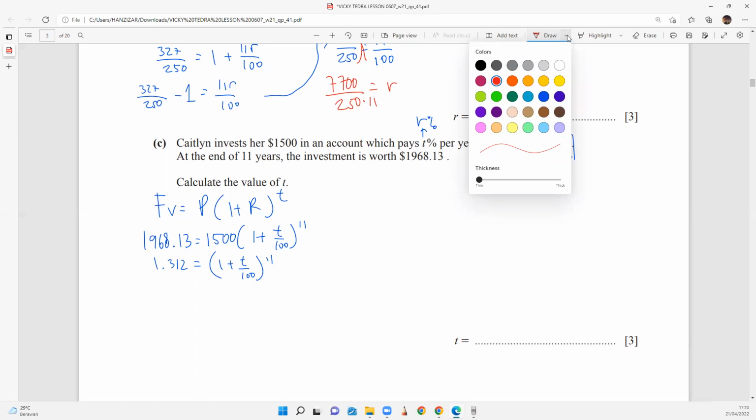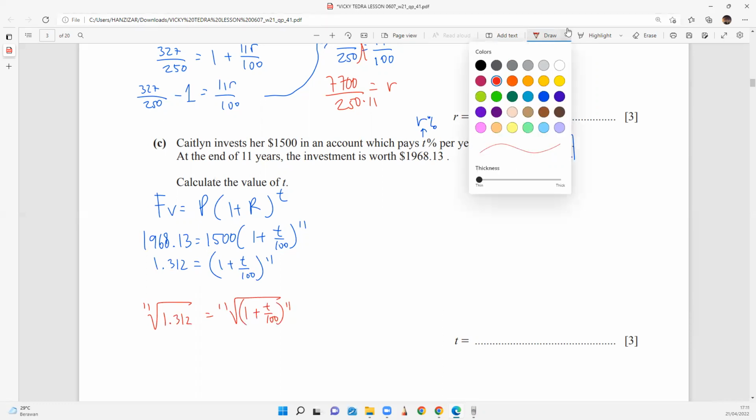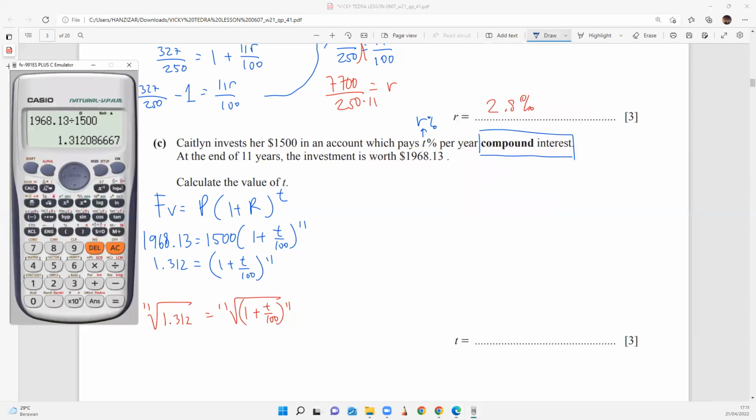So what we need to do now, we need to take the 11th root in order to annihilate the power 11, right? I use the red color because it is not easy. You need to provide the working. So do this instead.